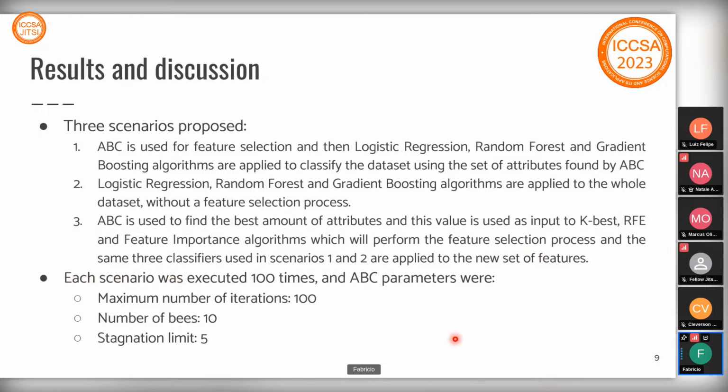Each scenario was executed 100 times because of the stochastic nature of these methods. The ABC parameters were a maximum number of iterations of 100, 10 bees, and a stagnation limit set to 5.